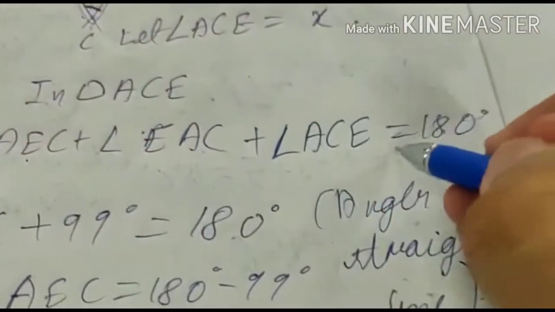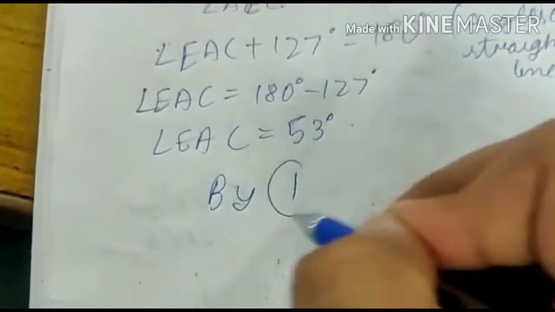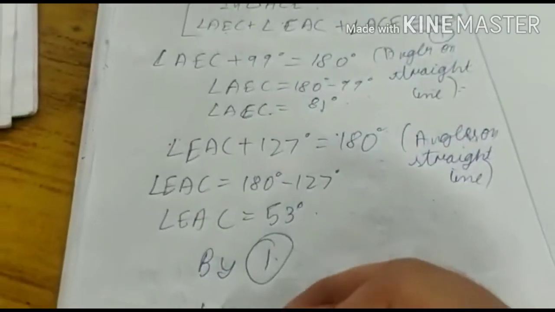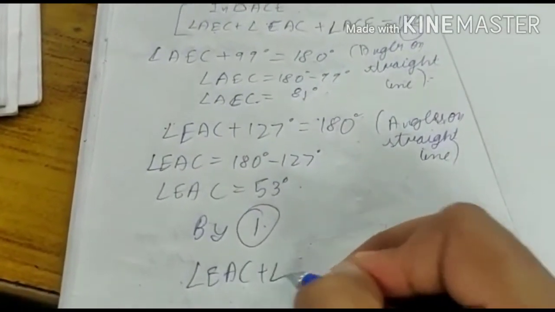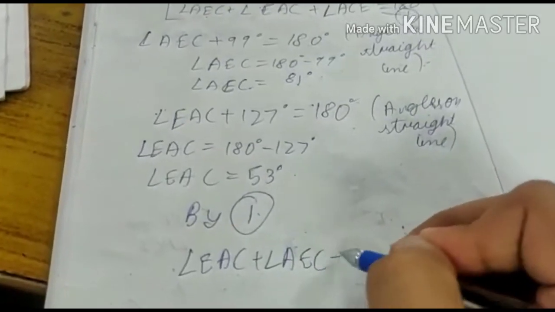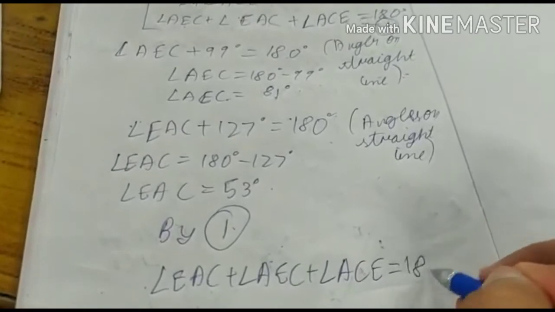So in this equation we will write it one by one. Angle EAC plus angle AEC plus angle ACE equals 180 degrees.